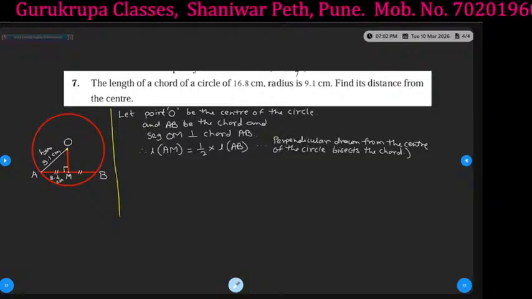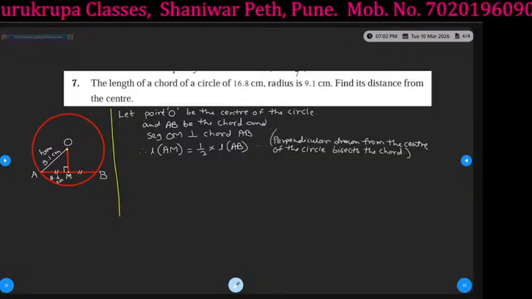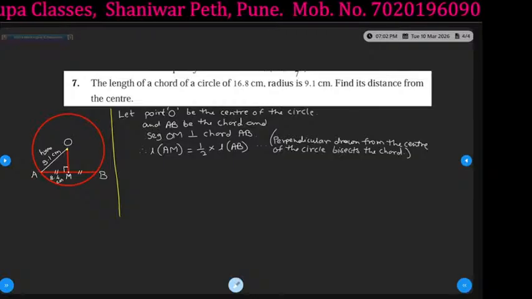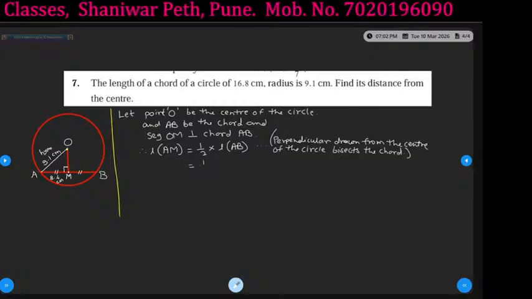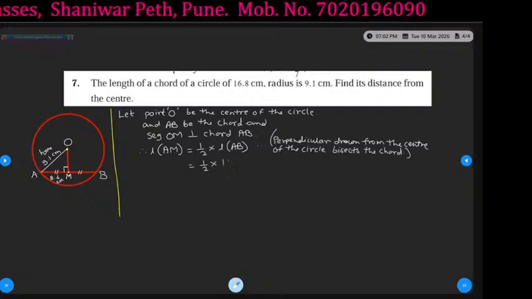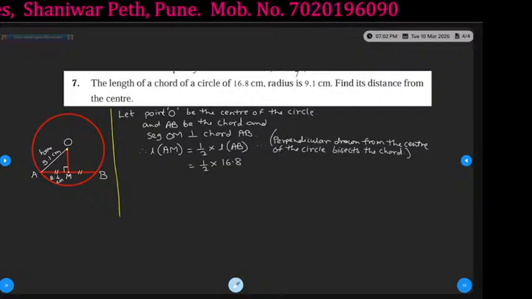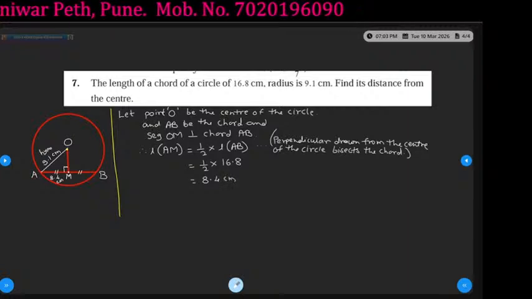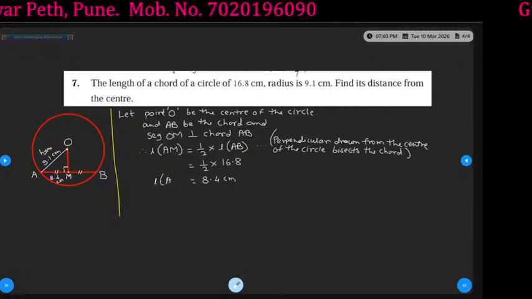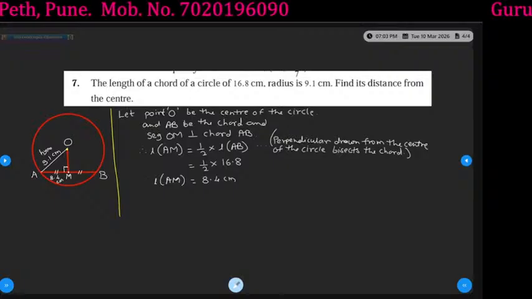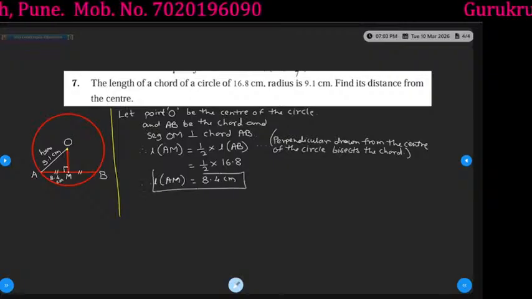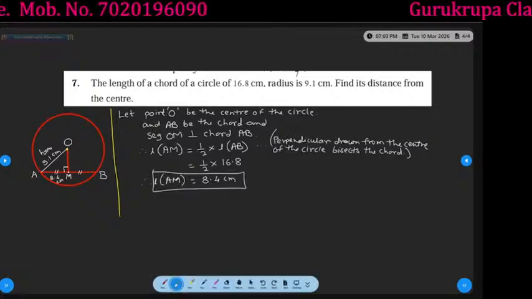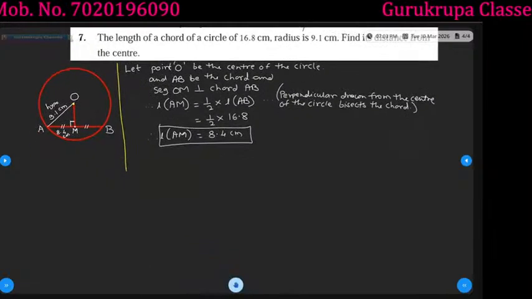So this is the property of the perpendicular drawn from the center to the chord. Therefore, AM is half of AB, 16.8. If we divide, we get 8.4 cm. So here we got length AM is equal to 8.4 cm. Any question?